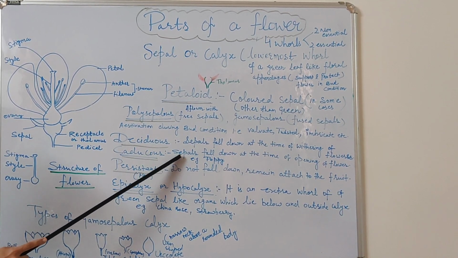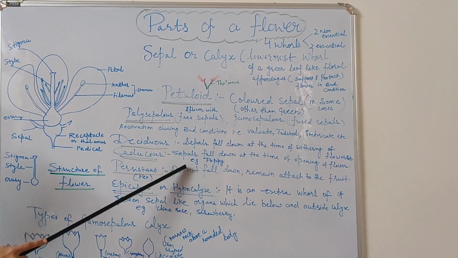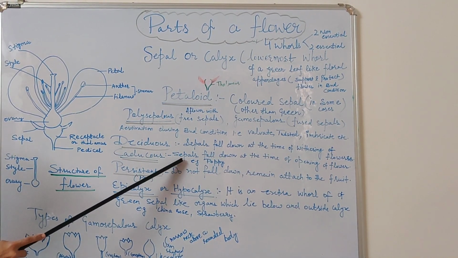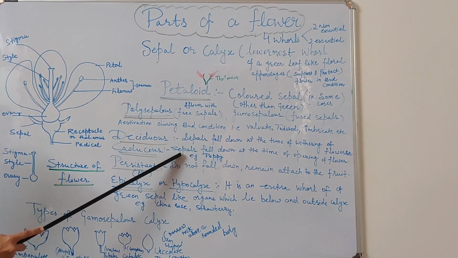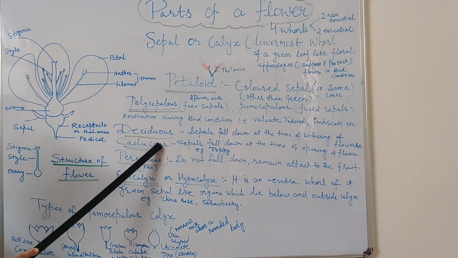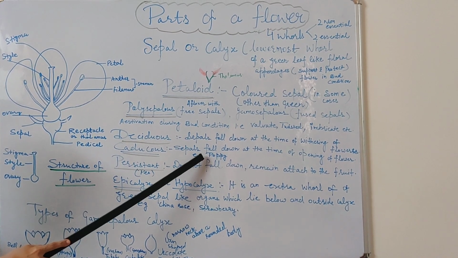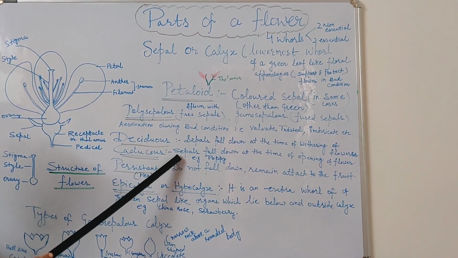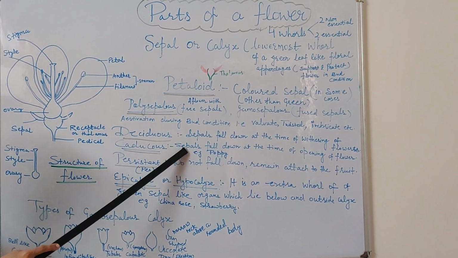Caducous sepals fall down at the time of opening of the flower, meaning before that the flower is in bud condition. When it opens, falling down of sepals happens.